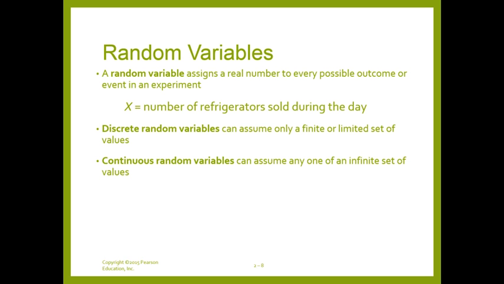Now, discrete random variables are those that you know are like a heads or a tails. When you flip a coin, you get a head or a tail. You don't get 1.5 heads or 3/4 of a head and 1/4 of a tail. You don't get that kind of stuff.